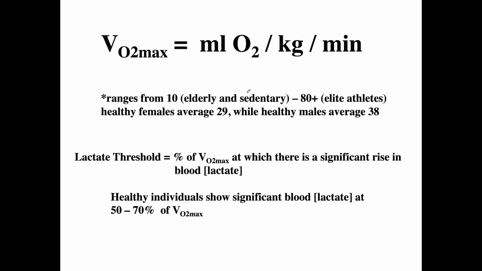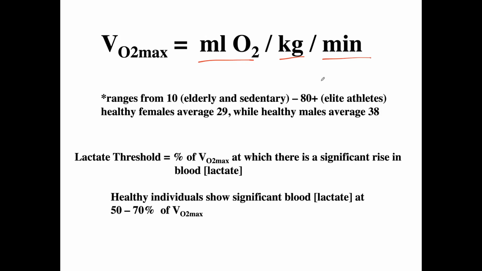And it's measured in milliliters of oxygen per kilogram per minute. The greater the VO2 max of an individual, the greater the ability of that individual to do exercise, to do physical work.